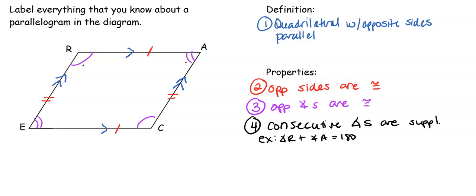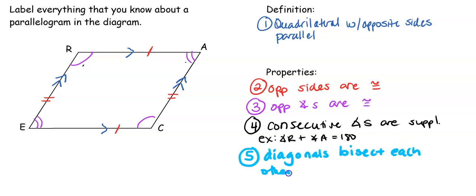And then our last one, diagonals bisect each other. So we've got to draw our diagonals in, connecting across from.